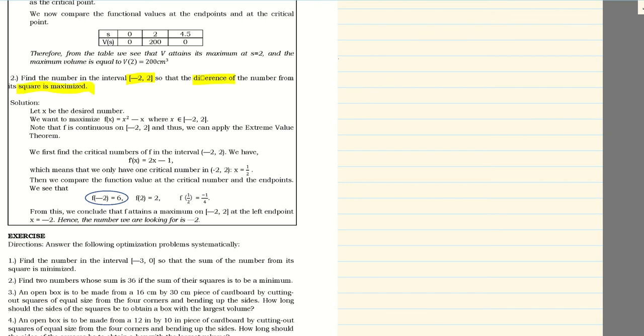Okay, so if you have x equals a number, then the difference of the number from its square is maximized. So we have here x squared minus x, and then we maximize it. So m of x equals x squared minus x.